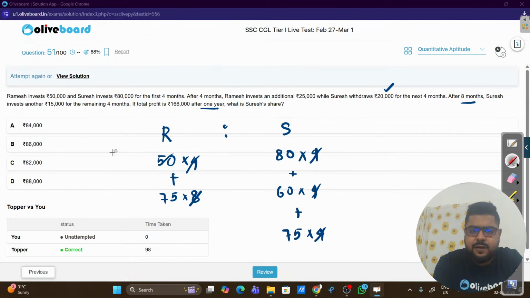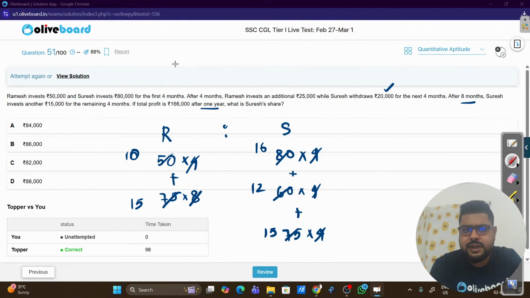Let's take the profit sharing ratio: 25 here and 31 and 12 over here. 31 and 12 is 43. This is what we are getting.